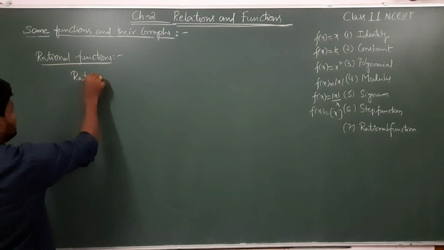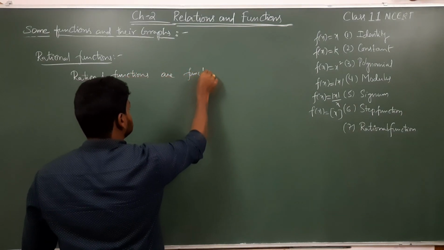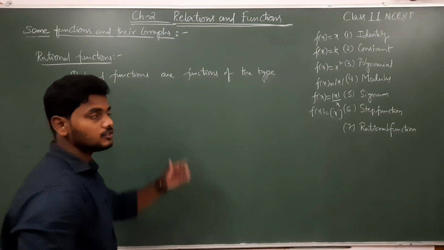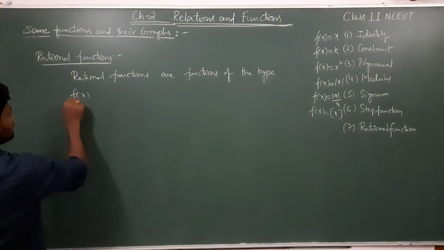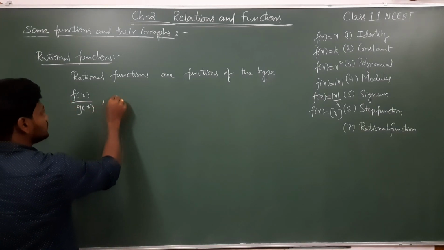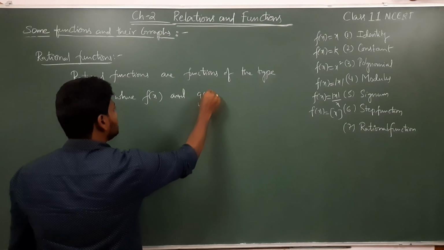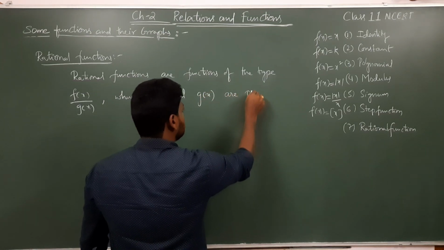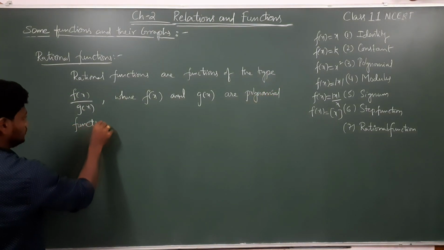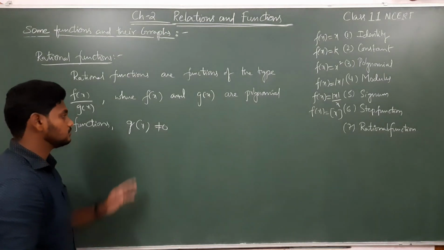If you observe, rational functions are functions of the type p by q, nothing but f of x by g of x, where both f of x and g of x are polynomial functions, comma, g of x should not equal 0.